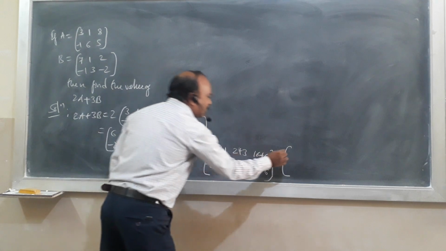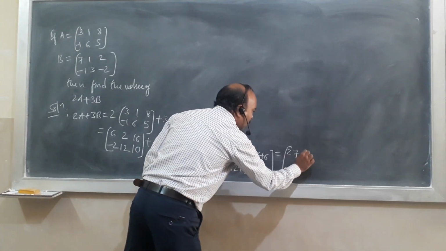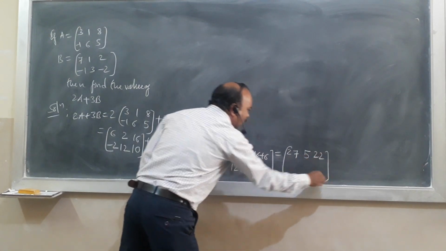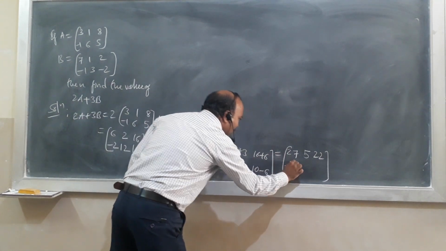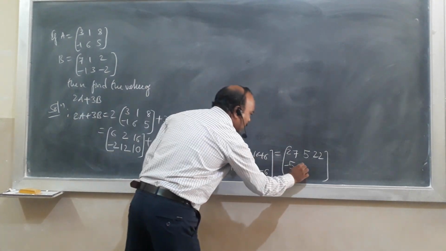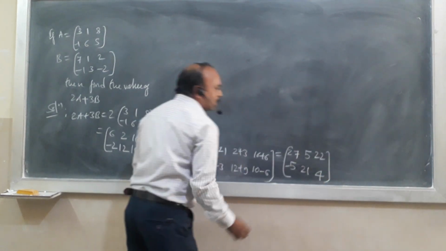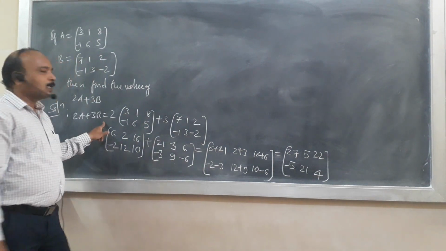Now this is equal to: 6 plus 21 is 27, 2 plus 3 is 5, 16 plus 6 is 22, minus 2 minus 3 is minus 5, 12 plus 9 is 21, 10 minus 6 is 4. Now this is the value of the matrix 2A plus 3B.